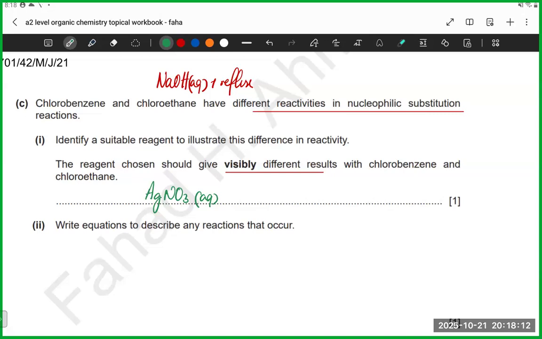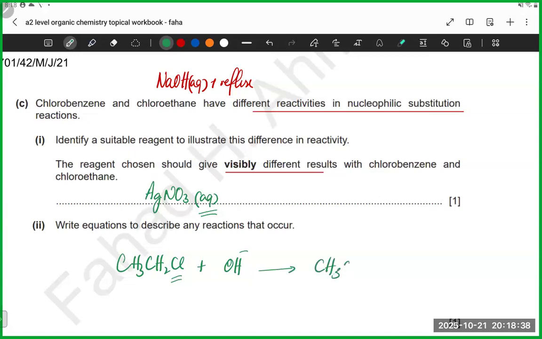Okay, so write equations to describe any reactions that occur. So they do occur for chloroethane. Ethane is 2 carbon atoms, so it's CH3CH2Cl. Since it's aqueous, there's going to be OH ions which are going to knock out the Cl ions.